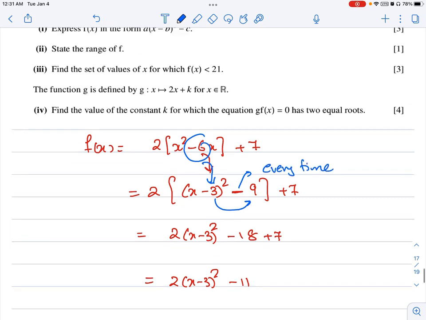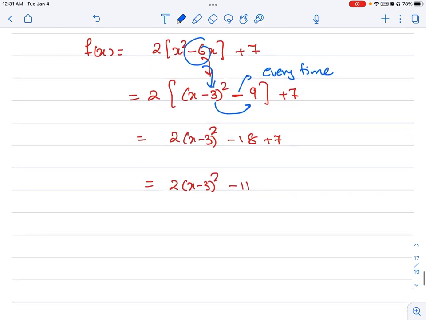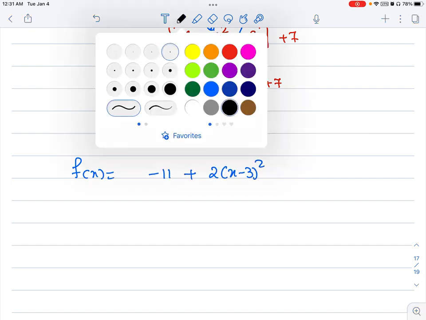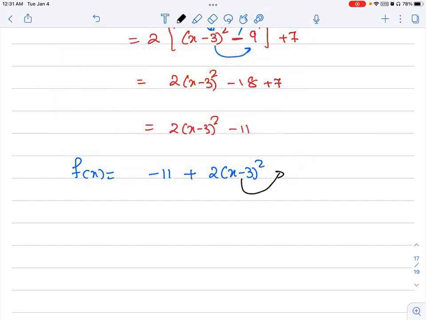Then second one, find the range of f. So f of x equals, we got minus 11 plus 2 times x minus 3 whole square. We know that the square term is always positive.